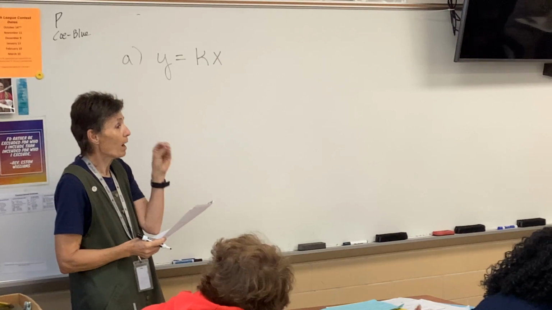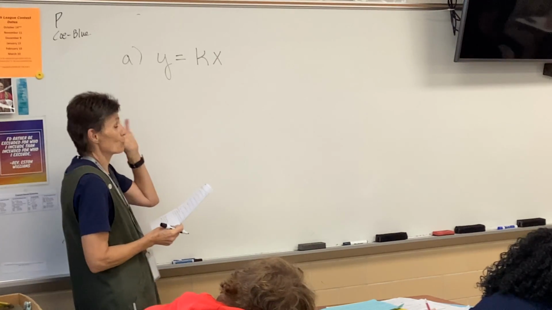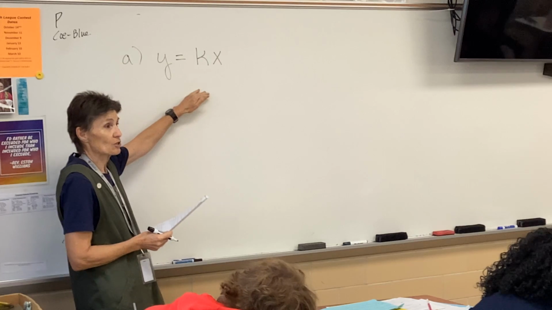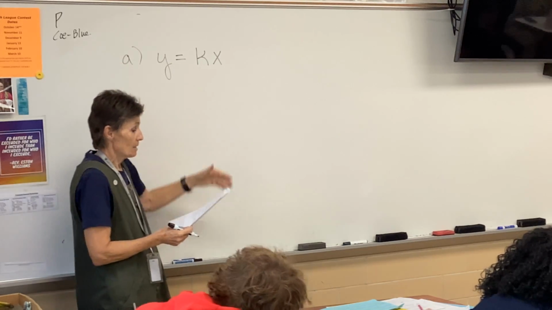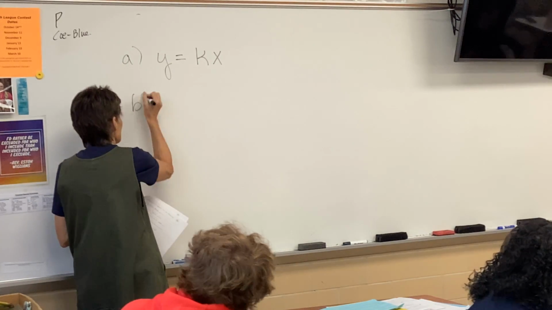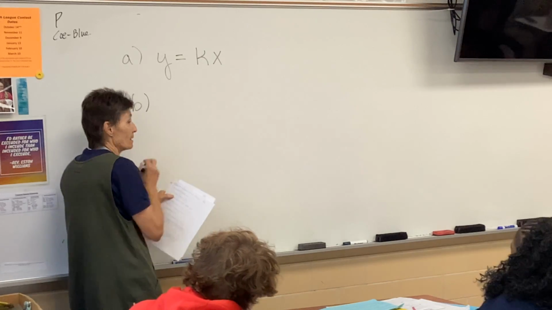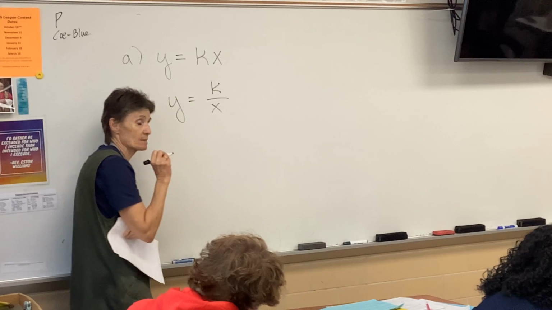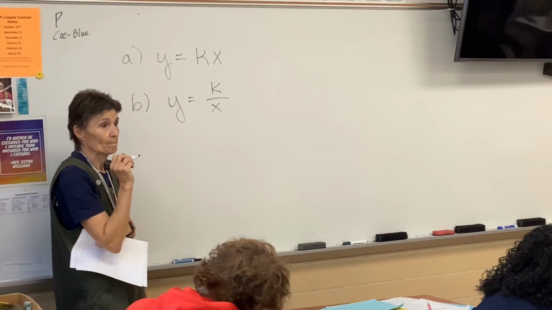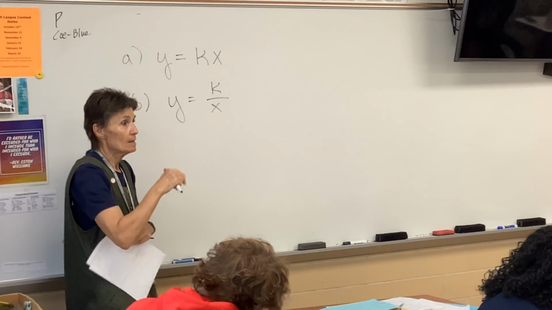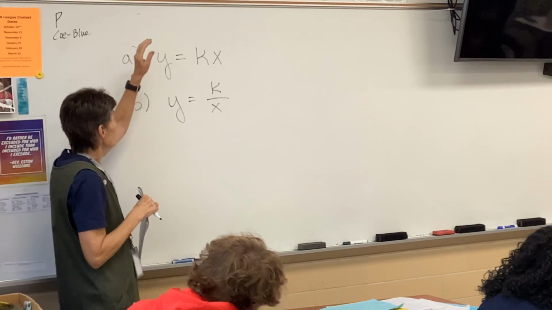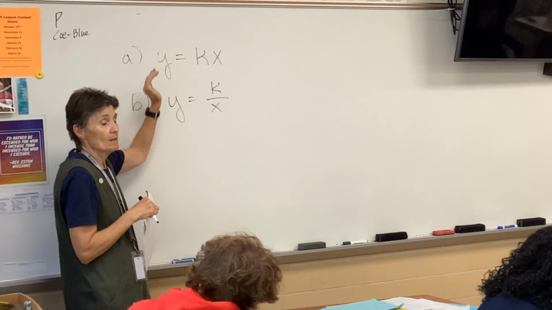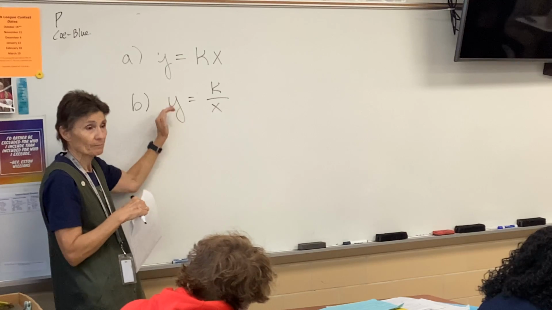Anytime you have a problem that discusses direct variation, that's going to be your setup. Now B says they vary inversely. That setup is k over x. This is really, really easy. You just have to remember the setup for direct, the setup for inverse.